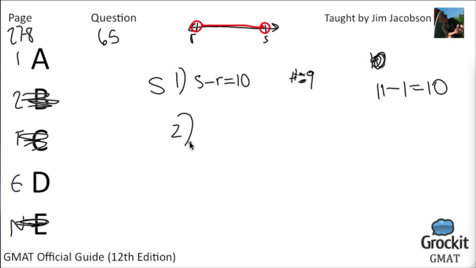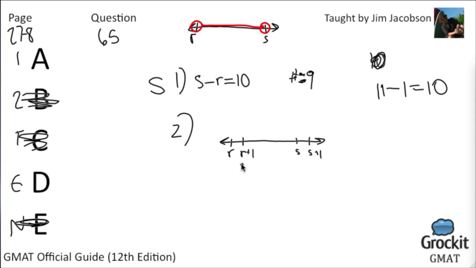Statement number 2 tells us there are 9 integers between but not including r plus 1 and s plus 1. So, in terms of our number line here, we have r plus 1, s, and s plus 1.